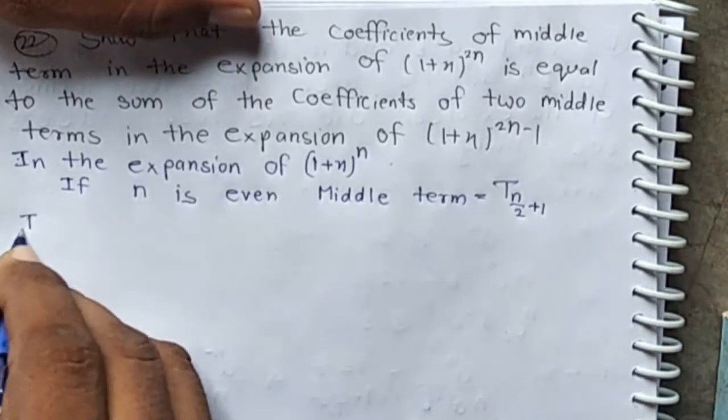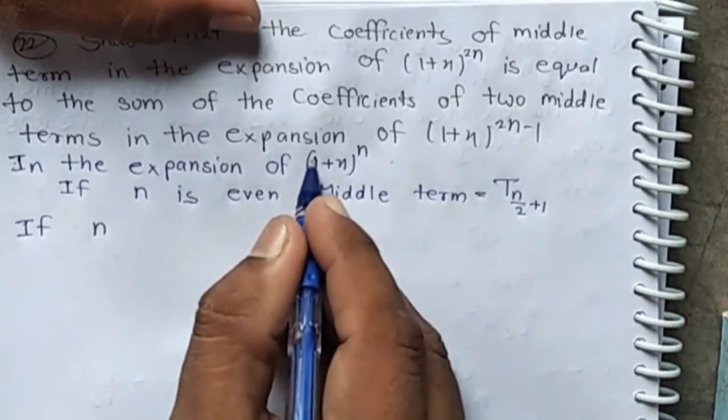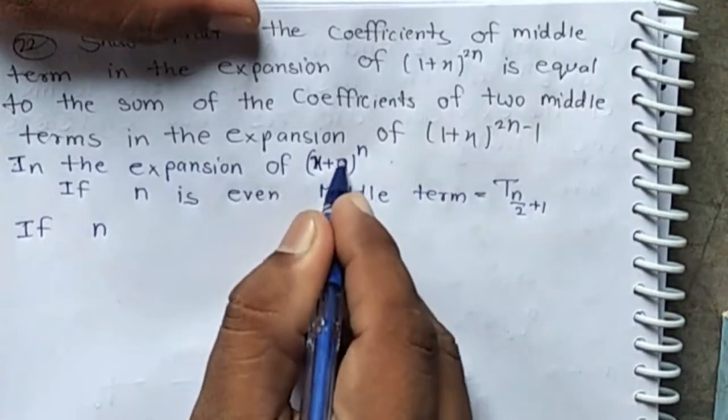If n is odd, we change it in the general formula (x + a)^n.